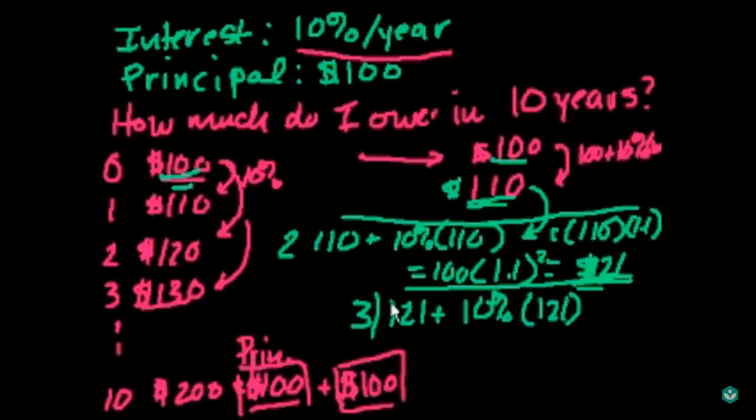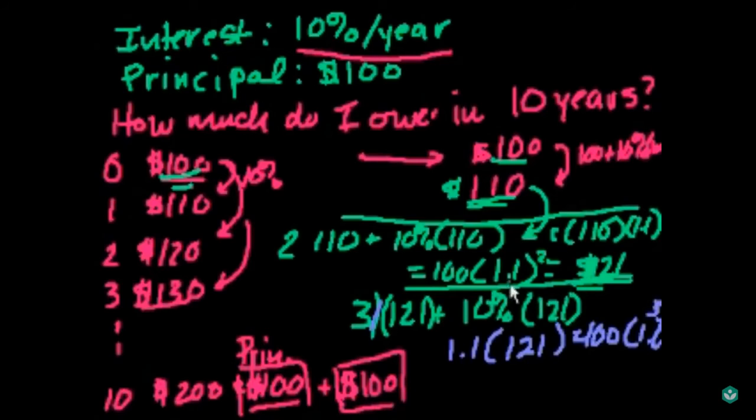And so that's the same thing as 1 times 121 plus 0.1 times 121. So that's the same thing as 1.1 times 121. Or another way of viewing it, that's equal to our original principal times 1.1 to the third power.